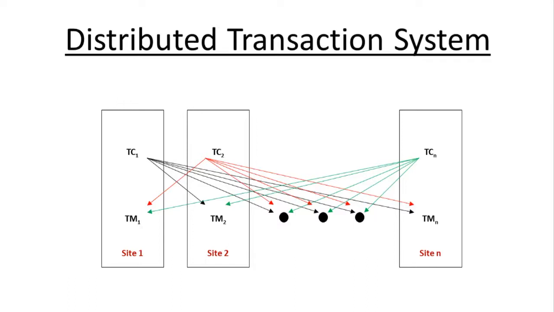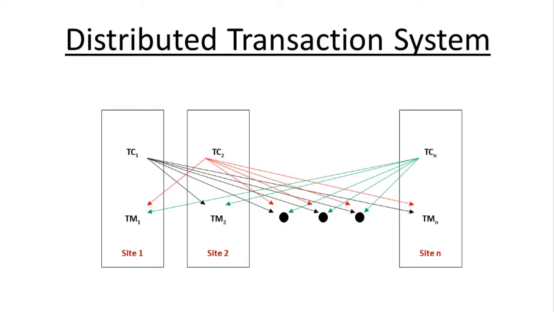See this diagram, this will give you enough information. The first one, site 1, site 2 and so on, site N. And you see that in each site we have a transaction coordinator and a transaction manager. If any request comes to site 1 from the region of site 1 itself, then the transaction manager is responsible to answer the transaction.